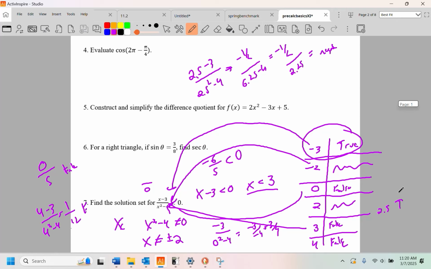So what I've learned here is that I can be from negative infinity to negative 3. Actually, not to negative 3, to negative 2, the critical value, unioned with 2 to 3.